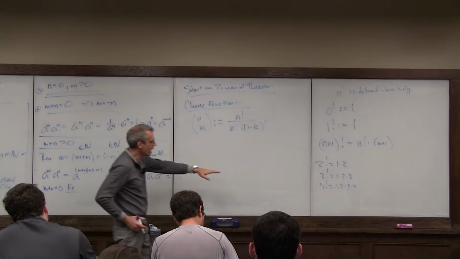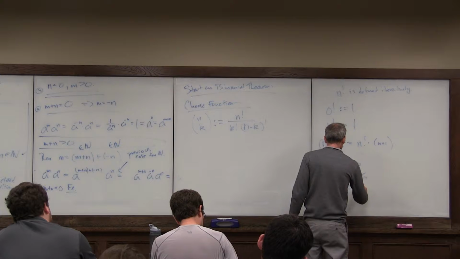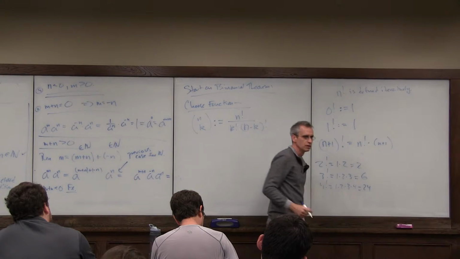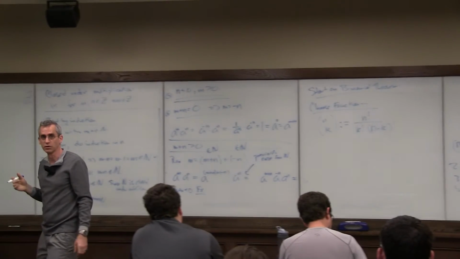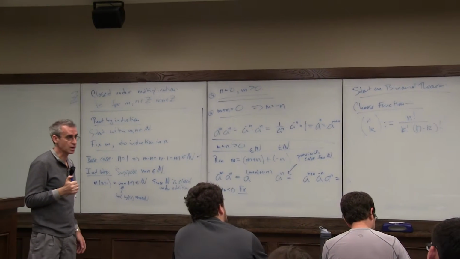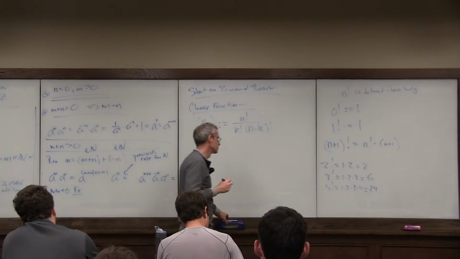Of course, now this is just a number: 2, 6, 24, and so on. If you got to the point in calculus where you were doing power series, then factorials come up all the time there, and in lots of situations.